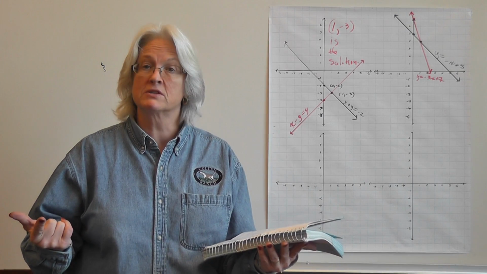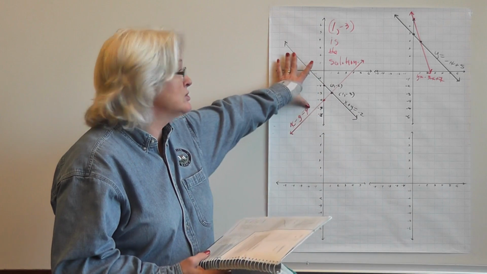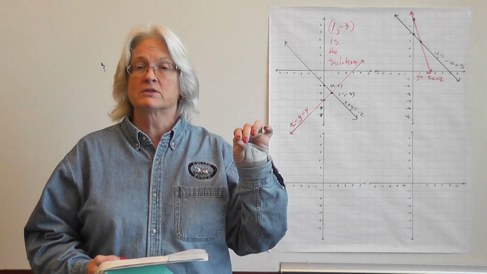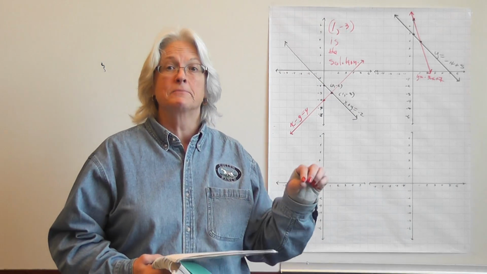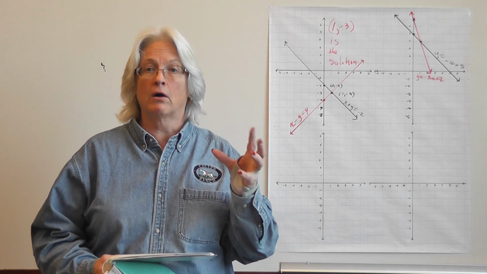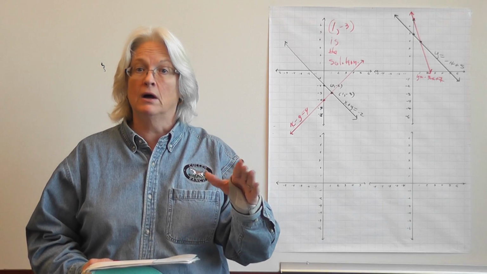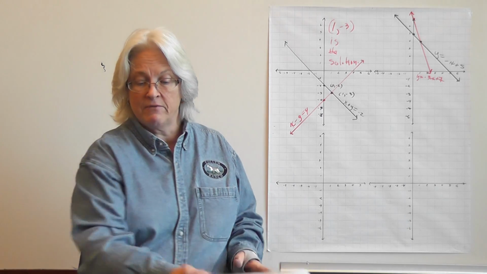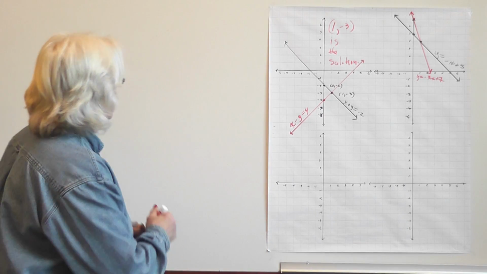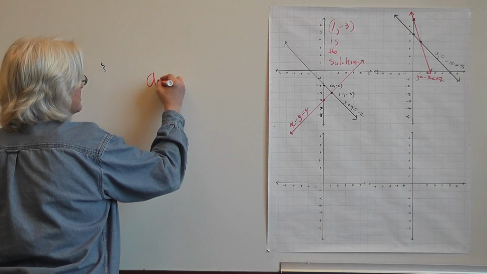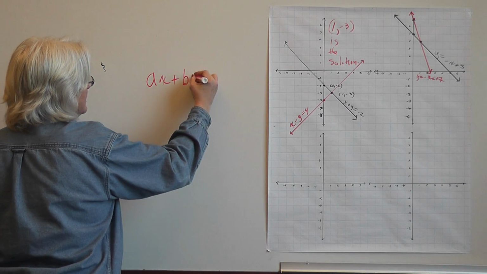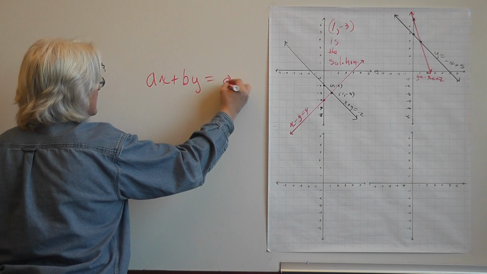Step number 1, if you want to solve a system of linear equations by graphing. What are linear equations? Linear equations are equations that, when they graph, they form a straight line. The general form of the equation of a line is ax plus by is c.